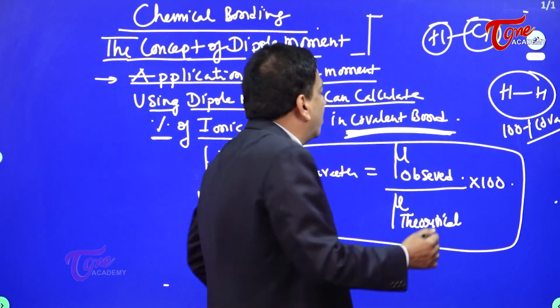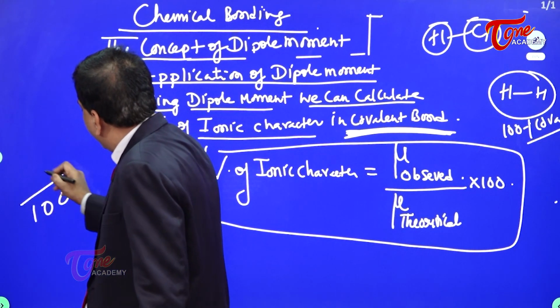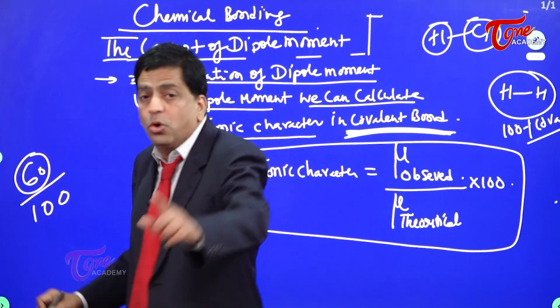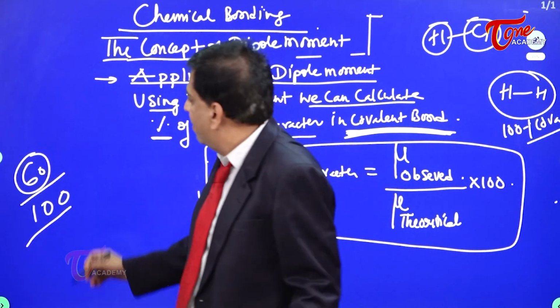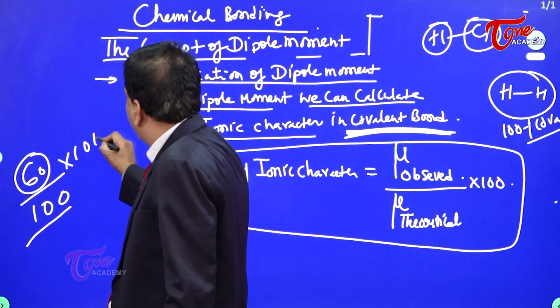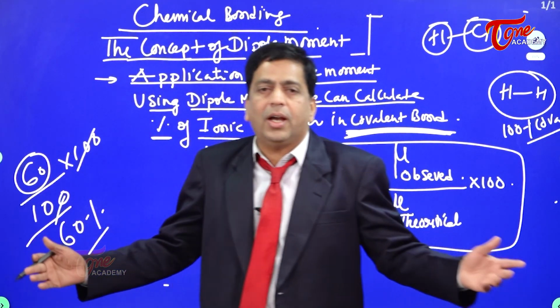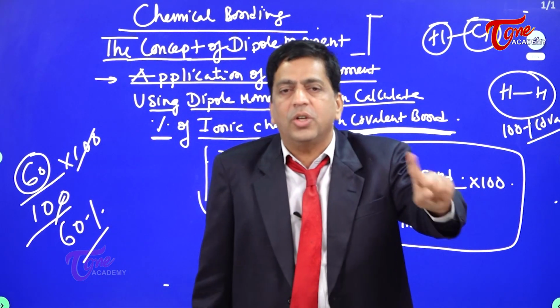Suppose the question paper is for 100 and you got 60, so it is your marks which you got divided by the total marks, that is 100, multiplied by 100. So cancel it off and you got 60%. That is how we calculate. Your marks by total marks into 100.